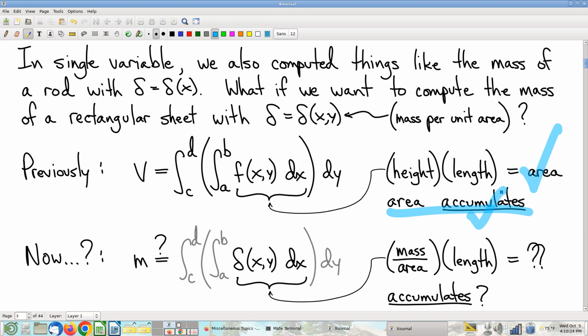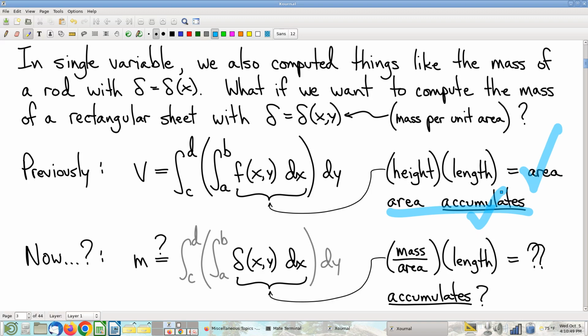Concentrations don't add. They like average or something. So concentrations do not accumulate. Area does. Concentration does not. So we can't take for granted that whatever we might happen to be interested in accumulates. It is because we understand the area that we can conclude with confidence that it accumulates.